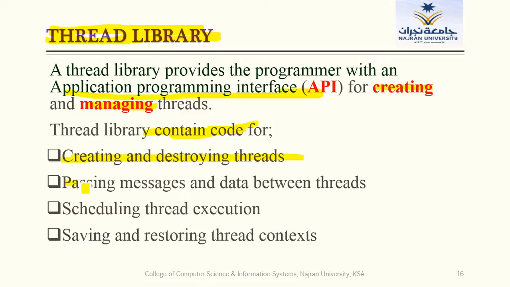Also we have code for passing messages and data between threads: how we can pass any data or message between the threads belonging to the same process. We don't need to write that code, we already have the thread library. Then how to schedule thread execution: we can also take help from the thread library.